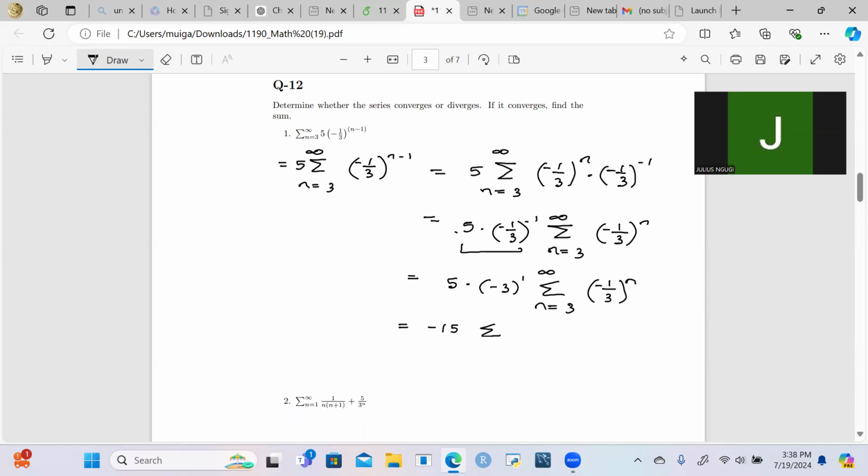Now, n equals 1, n equals 3. So if we want to have this sum, we have n equals 3, so we can write this as 3. If we subtract 2 there, we get n starting from 1 to infinity of minus a third, and that means we have n plus 2.